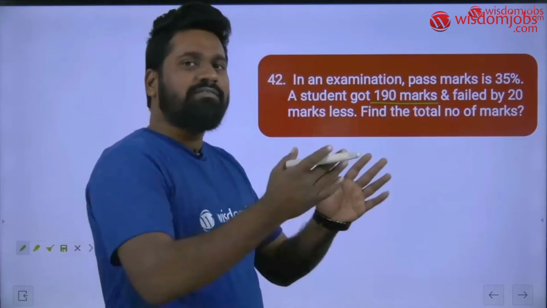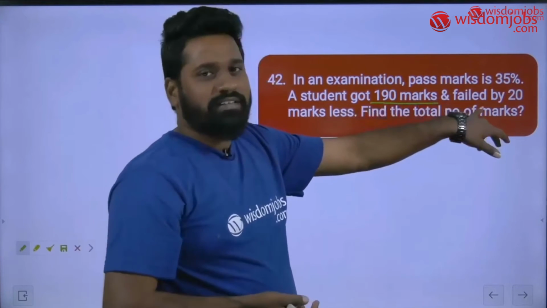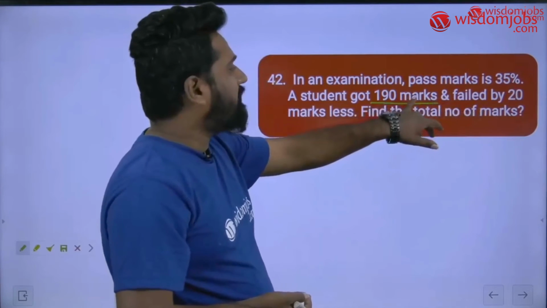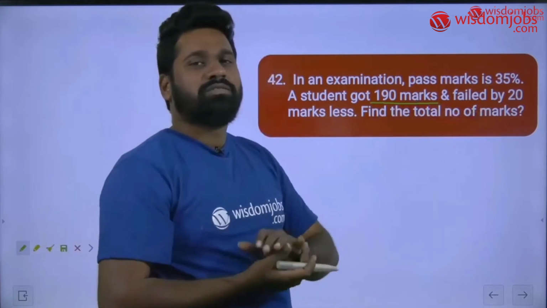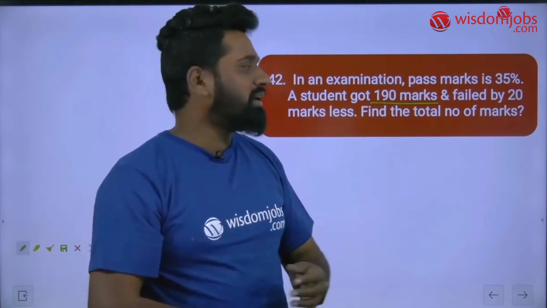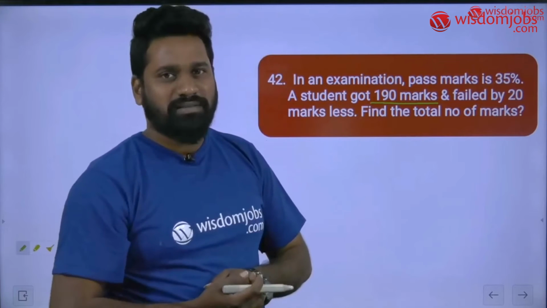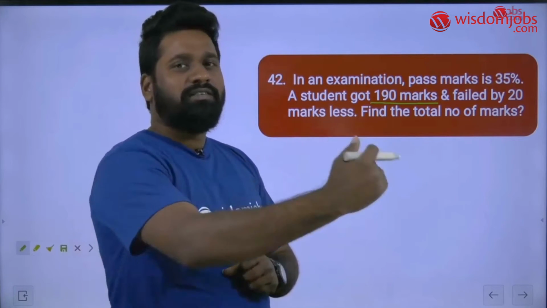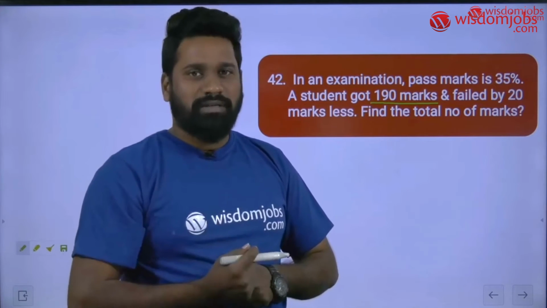He got 190 marks and failed by 20 marks. If you add 20 marks to that 190 marks, then he will pass. Is it clear? Because he got this many marks less to become pass. Now I am adding the 20 marks to 190, then he is going to pass the examination. Right?